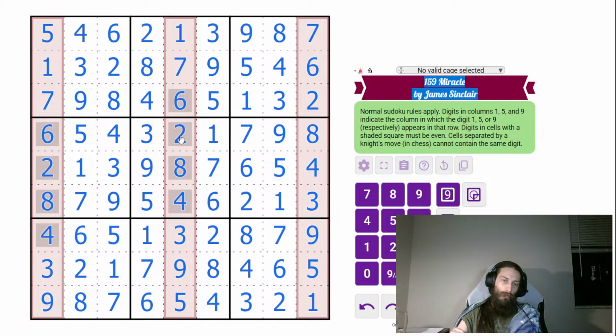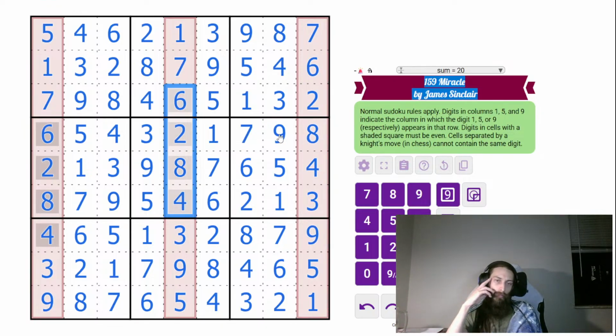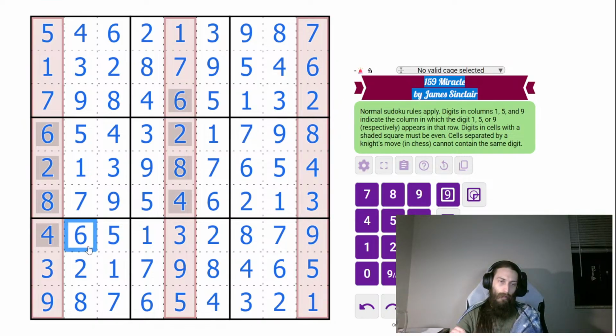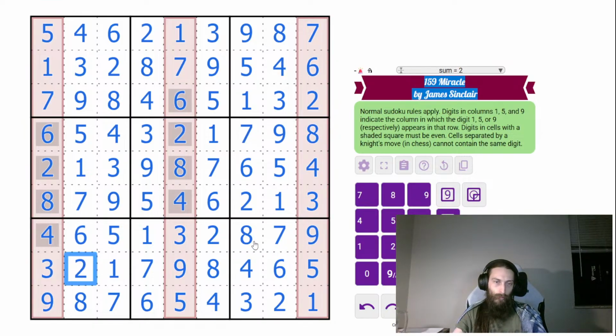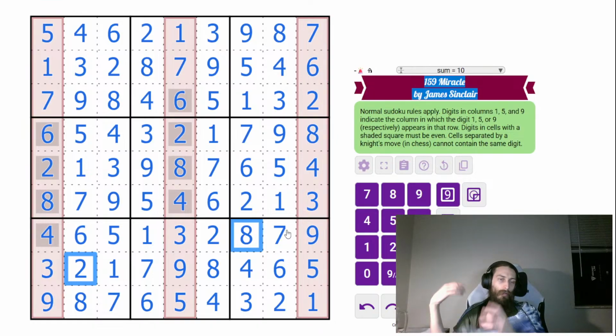The stuff that's a bit more difficult to wrap your head around is the anti-knight, but that came into play occasionally, and there were a couple of digits, I think this 2 and this 8, that were really heavily restricted.